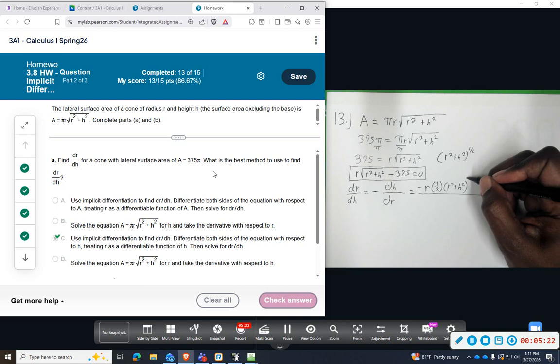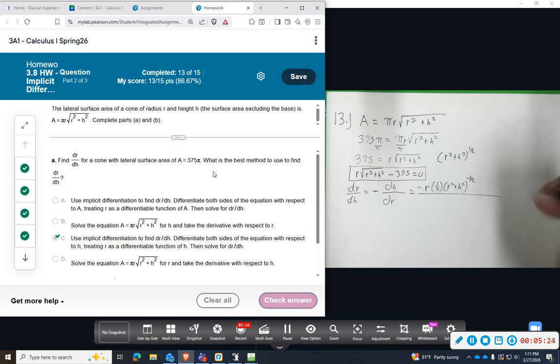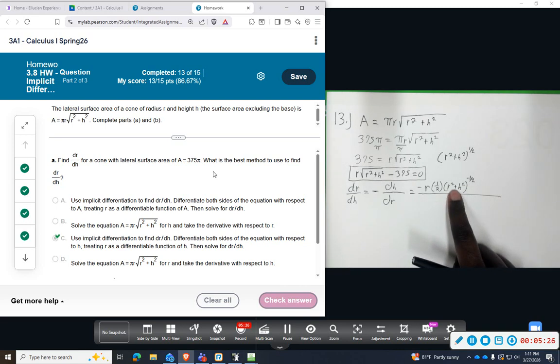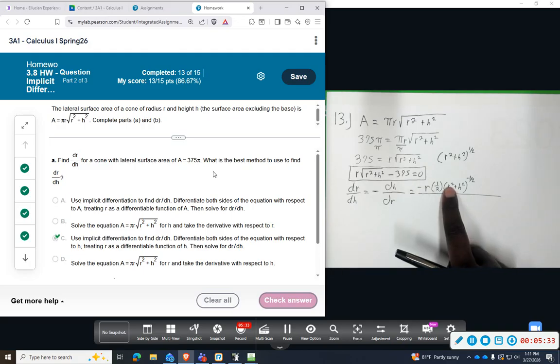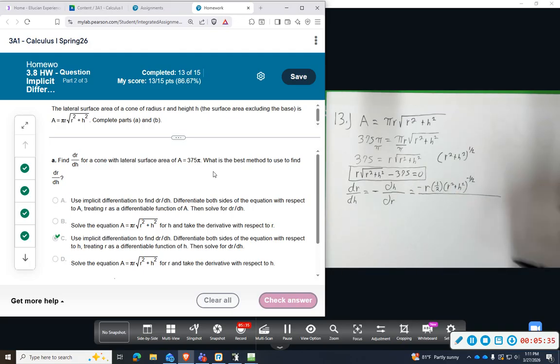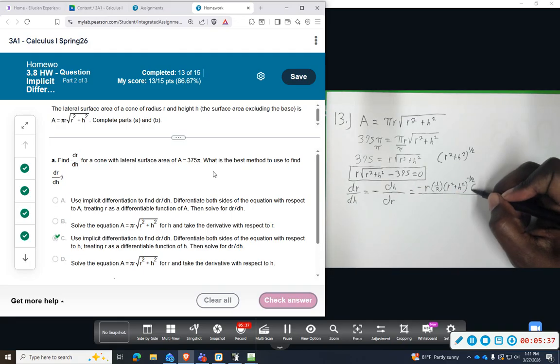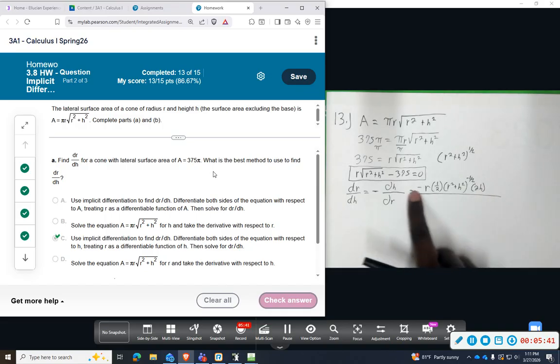Subtract 1 from the exponent, leaving negative 1/2. Then multiply by the derivative of the inside. The derivative of r squared is 0, since r is a constant right now, and the derivative of h squared gives us 2h. So here's my partial derivative with respect to h.